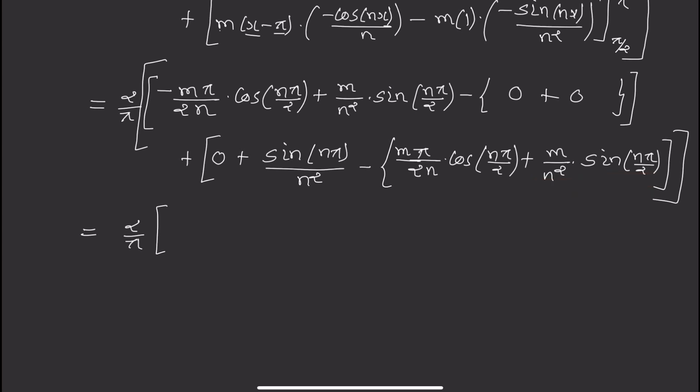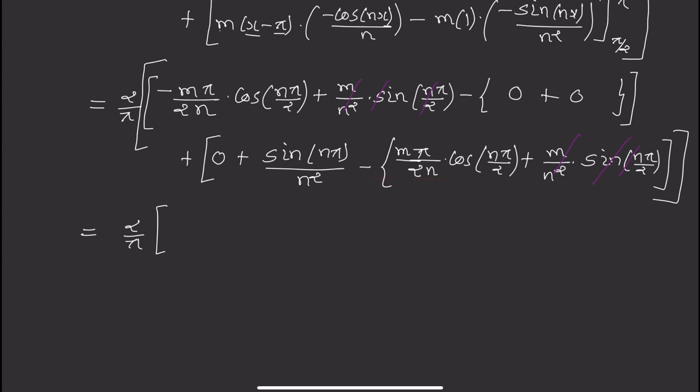So we can cancel out these two quantities. Now the other quantities, see this, minus m pi upon 2n cos n pi by 2 minus m pi upon 2n cos n pi by 2.